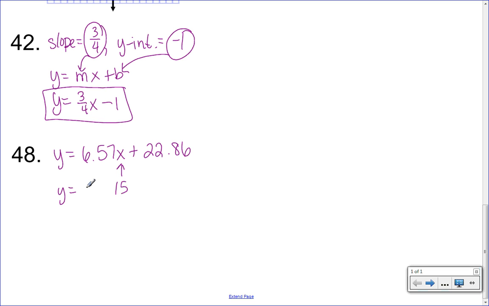So y equals 6.57 times 15 plus 22.86. And if we multiply these two and add this, it comes out to approximately $121. Okay, that is it.